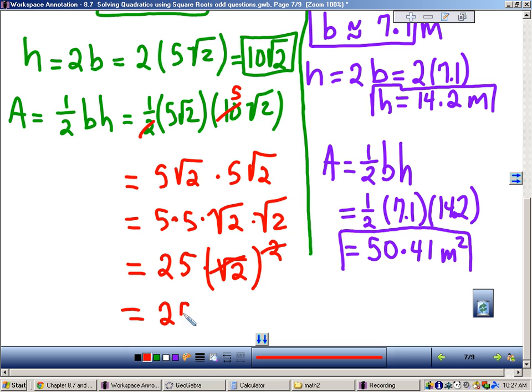So it's 25 times 2, which is 50. And that's the exact answer. And so using radicals gives a solution that's exact. And the radicals turn out to disappear, and so the question seems a little simpler when the radicals aren't there and you understand that 50 is 50.